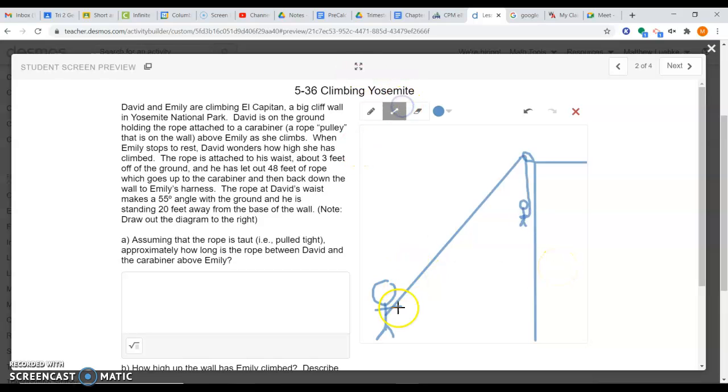He's also standing, it says, let's see, he let out 48 feet of rope. He's standing 20 feet away from the base of the wall, so we know this distance to the base of the wall. We also know that his waist is 3 feet off the ground, so this distance right here is 3 feet. We also know that the angle in here is a 55-degree angle.